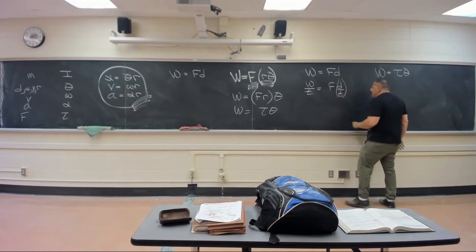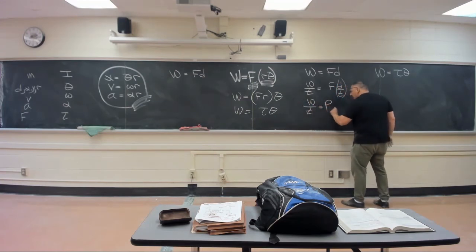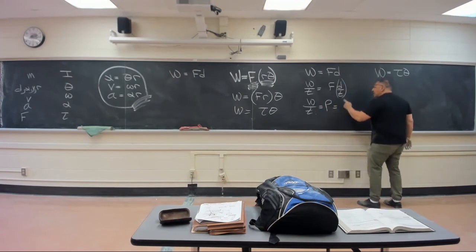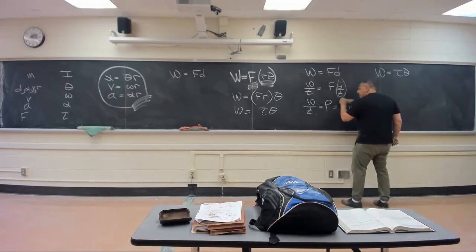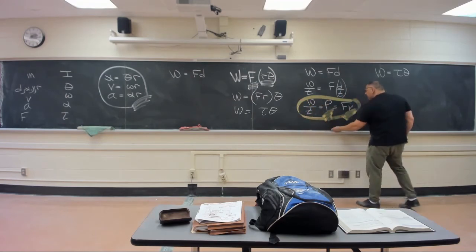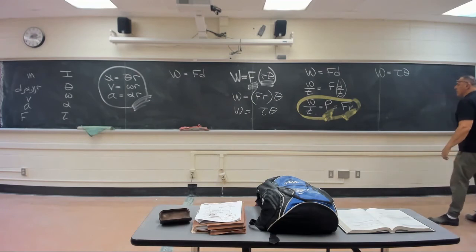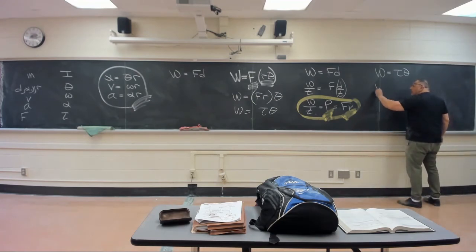D divided by t is magnitude of velocity. Rate at which work is being done is power. Distance divided by time, yeah, it's working. Wonder if it works here. Take work divided by time.